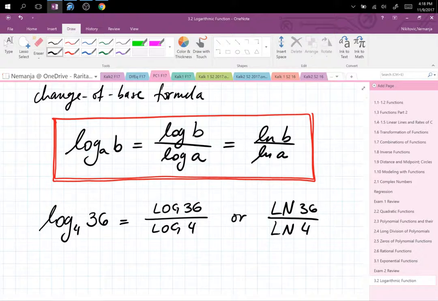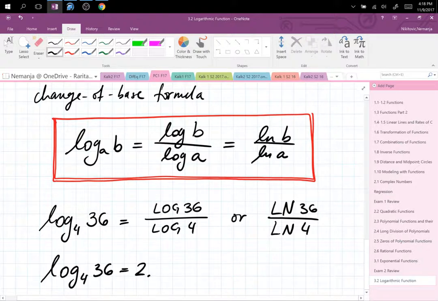Four decimals. Yeah, so 2 point and then put 4 decimals down. So I hope that your answer was log base 4 of 36 is equal to 2 point 5850. Because you have 4, 9, 6. 6 makes 9 go up by 1, and then that one moves the 5 up.